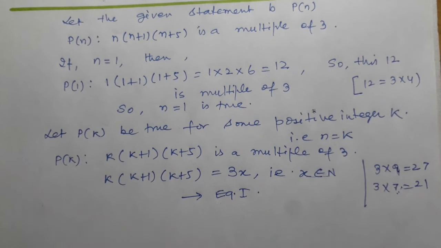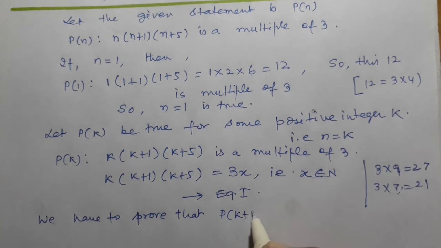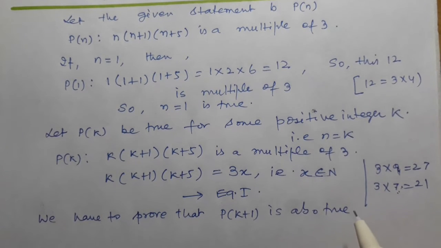In the fourth step, we have to prove that P of k plus 1 is also true.